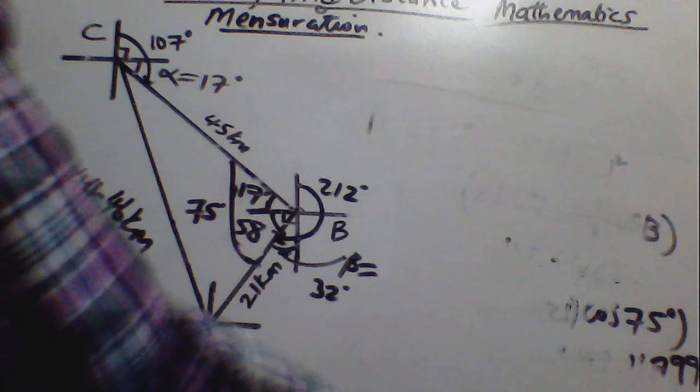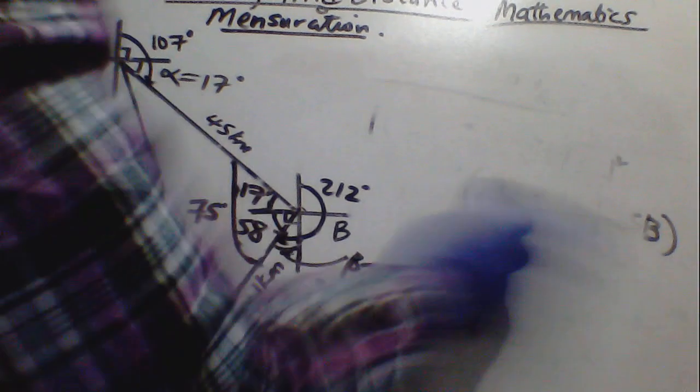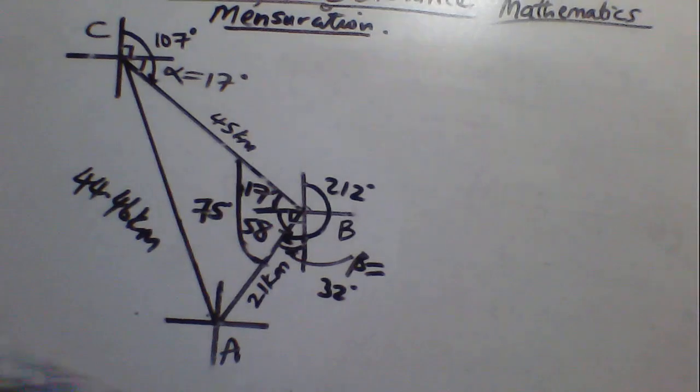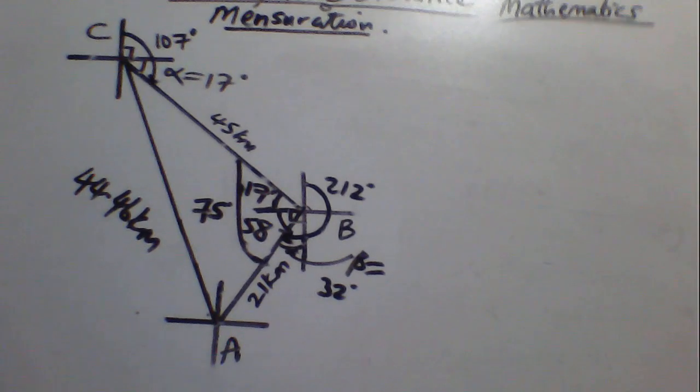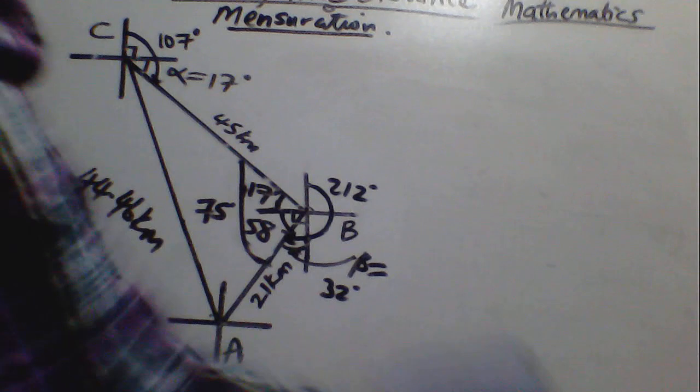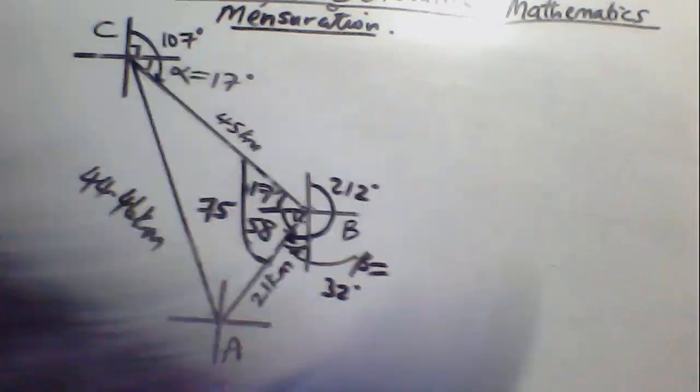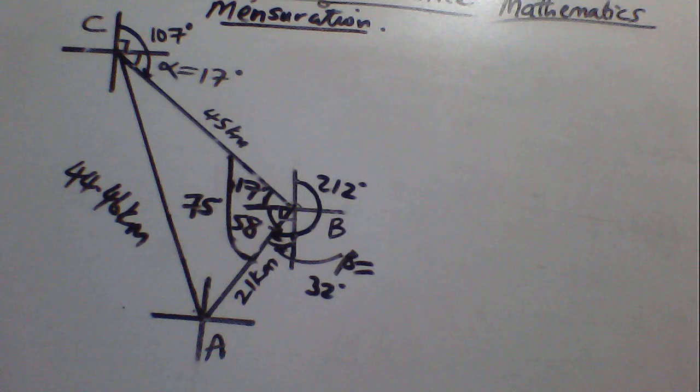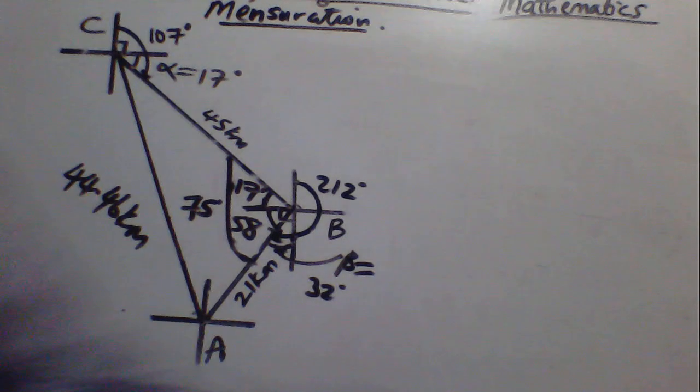So how do we find the bearing? Go to his house and then measure the bearing from, because it is where you are measuring is where you will base from.